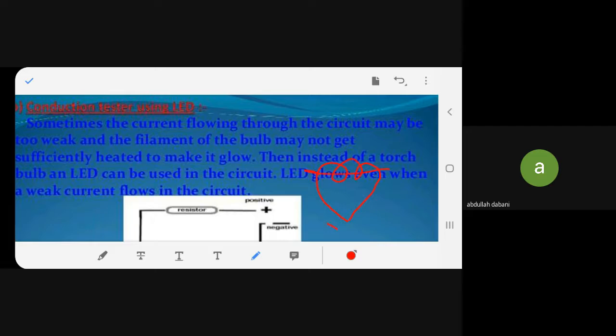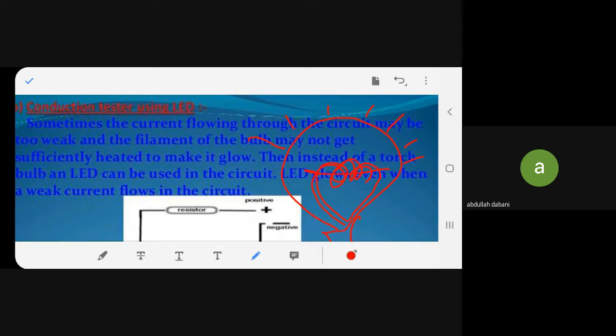This is the bulb, isn't it, beta? So when this filament gets red hot, then only we get the light. You understand? If the current is very weak and the filament does not get heated up or does not get red hot, we will not get light.